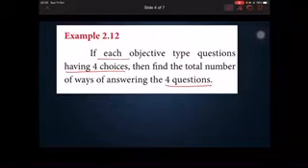So the first question can be answered in 4 ways. Similarly, the second question also can be answered in 4 ways, any of the 4. The third one can also be answered in 4 ways, and the fourth one also 4 ways. You can choose any of the 4. So that is equal to 4 cube. 4 cube is what? Find it out.